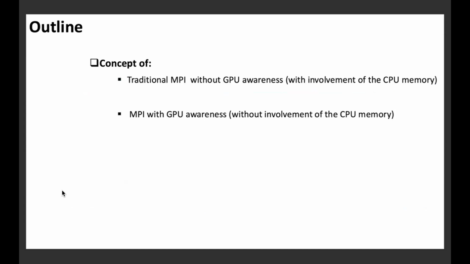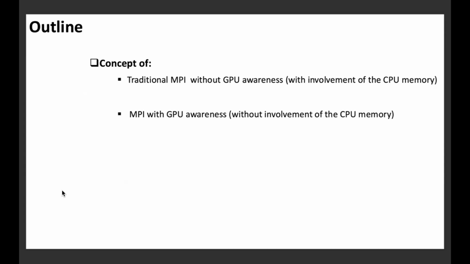As I said, I will be focused on two main concepts: the traditional MPI, where the MPI library is not aware of the existence of a GPU. So this means that MPI involves the CPU memory during MPI operations. And there's another concept, as I mentioned, referred to as GPU-aware MPI. This is an interesting concept that doesn't involve the CPU memory.